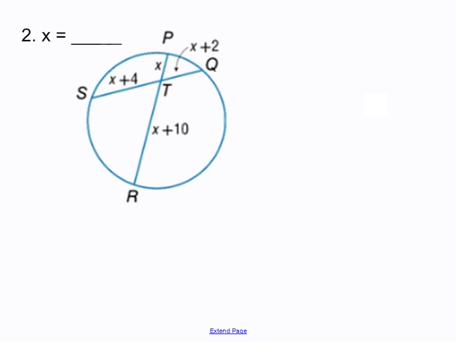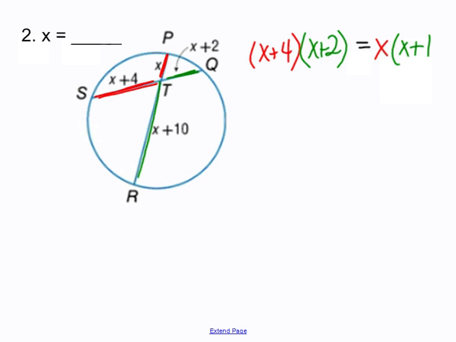Again, even with algebra, we've done this so many times, you guys. This times this equals this times this. All right, let's put it in. x plus 4 times x plus 2 equals x times x plus 10. Okie doke.